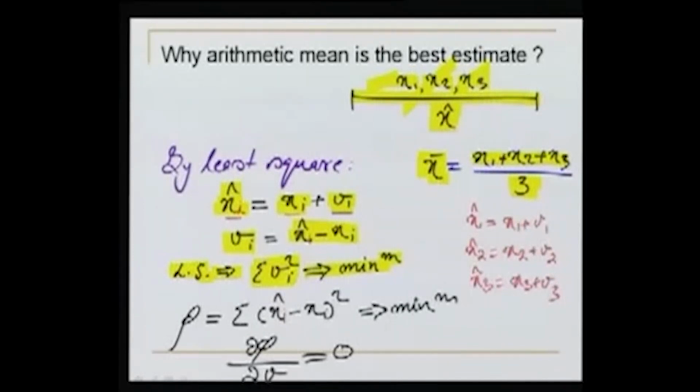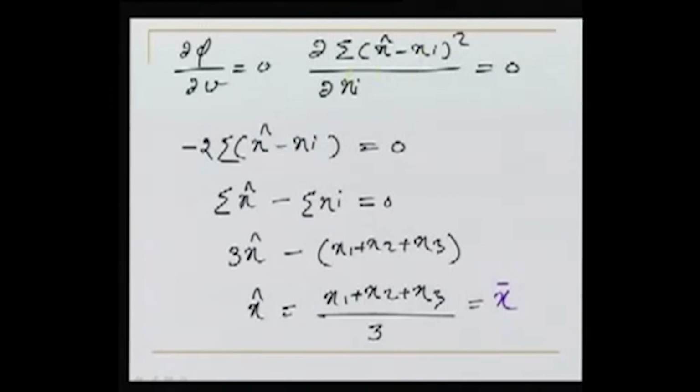This should be minimum. In order to make it minimum, we need to find the partial derivative of this phi with respect to the residuals and make them equal to 0. So let's do it now: del by del xi of sigma of xi hat minus xi square should be equal to 0.